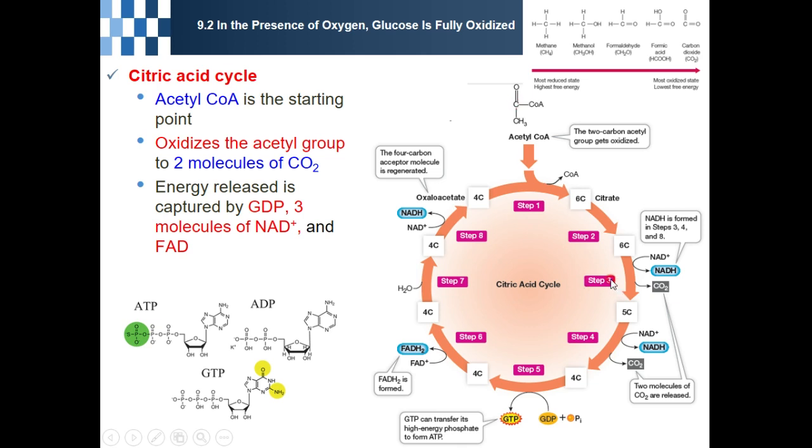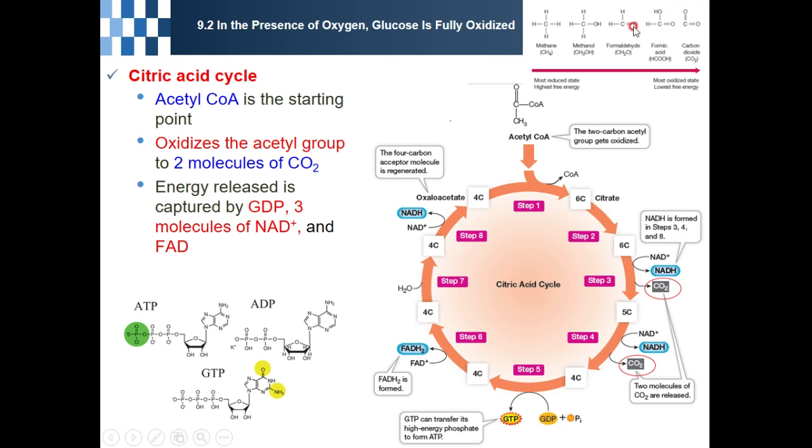Finally, at step 3 and step 4, this carbon will be oxidized and make CO2, and this carbonyl group is also further oxidized, so it will make CO2. So the citric acid cycle oxidizes this acetyl group and makes 2 molecules of CO2.